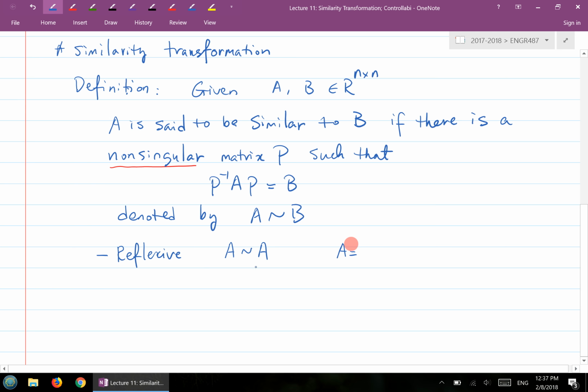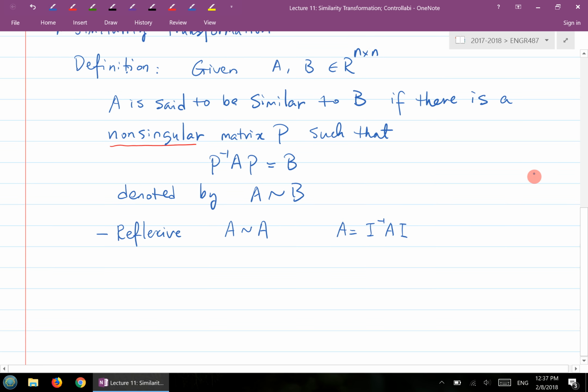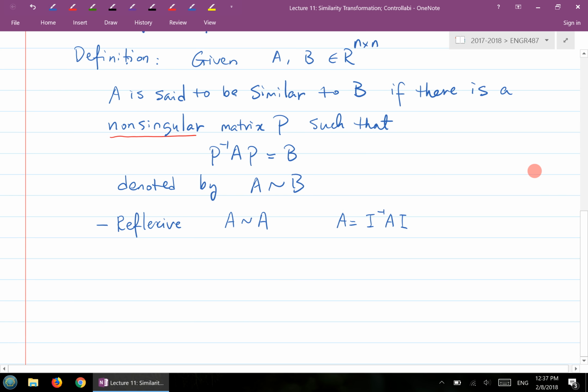You can write this in the same format as the definition using the identity matrix. So A is similar to itself, or it's reflexive. Another property is called symmetric. Symmetric means if A is similar to B, then B is also similar to A.